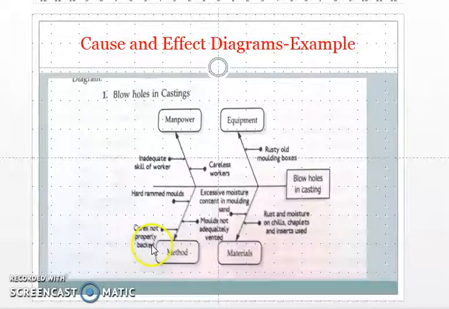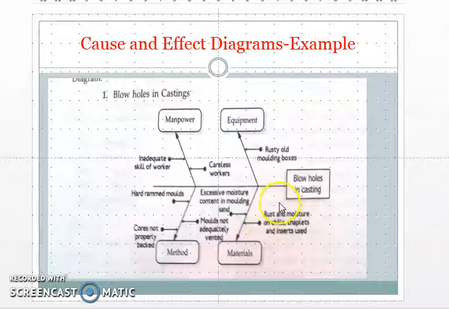If the cores are not properly baked, then there may be a problem of blowholes in casting. Hard hammered molds or molds not adequately vented, due to which blowholes are possible. Also problems in materials: there is rust and moisture on chills and chaplets, and also excessive moisture content, then blowholes are possible.